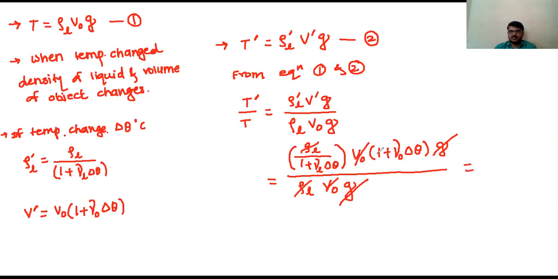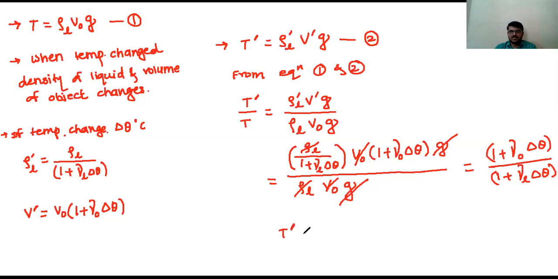We can see here, this is the numerator, 1 plus gamma of object into delta theta divided by 1 plus, what is here? 1 plus gamma L. Yes or no? 1 plus gamma L into delta theta. This is what we got. So here final formula is what now?